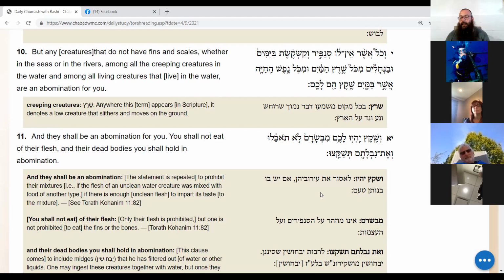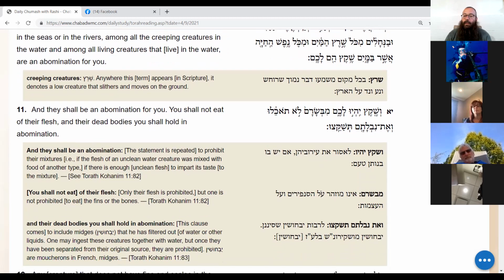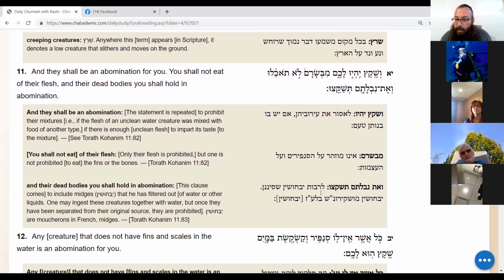He's connected to Hashem in a very special, holy way. And in order to keep that holiness, he cannot eat all the seafood kind of stuff. A Jew could only eat fish that have fins and scales on them, like I mentioned, tuna and salmon and bluefish and all the good stuff like that, and not sharks or lobster or that stuff. Sheketz yihyu lachem. They should be abominable to you.